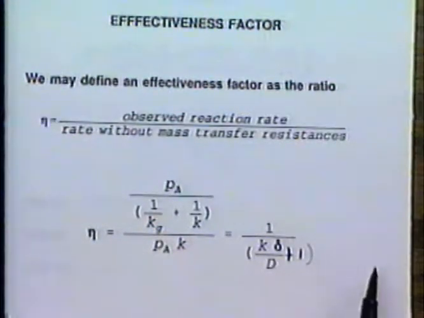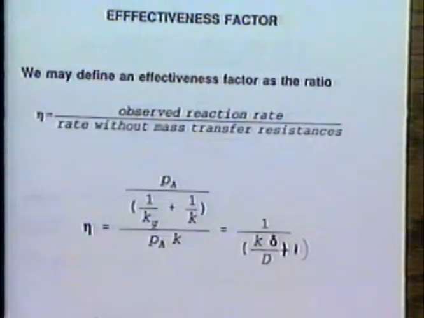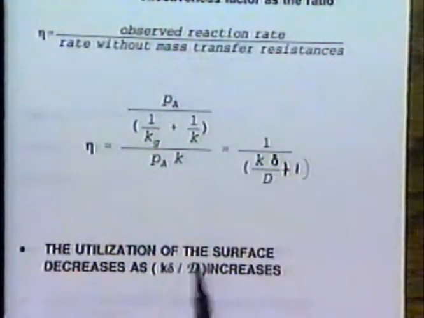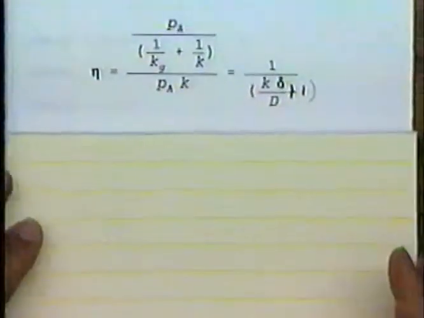This can be written like this. And we can see that the utilization of the surface will decrease as this factor increases. We may plot this to show this more easily.